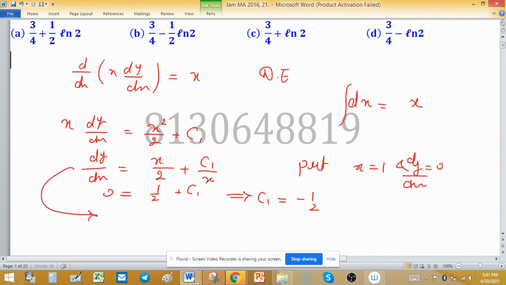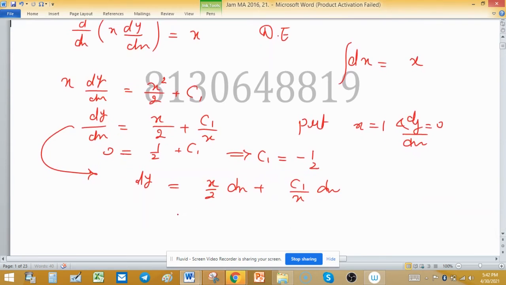Now again use the variable separable method. dy equal to x upon 2 dx plus c1 upon x dx, or you can write it like this: x upon 2 plus c1 upon x dx, and this is dy.